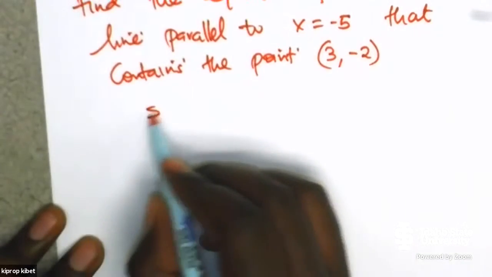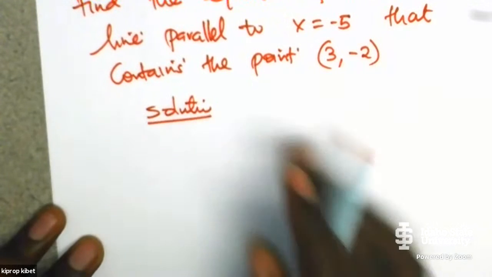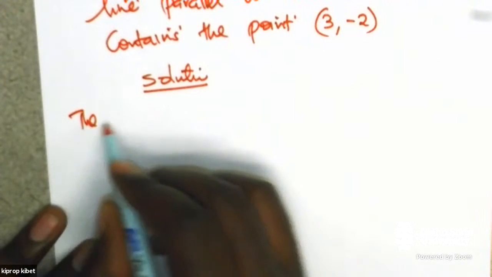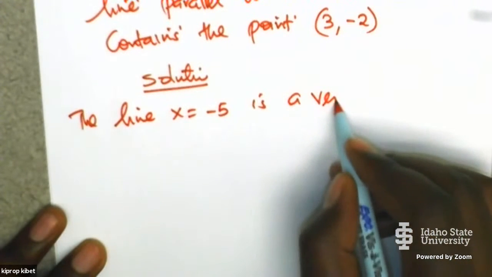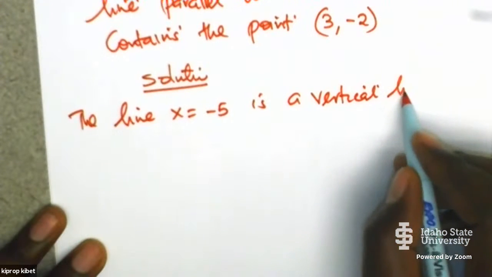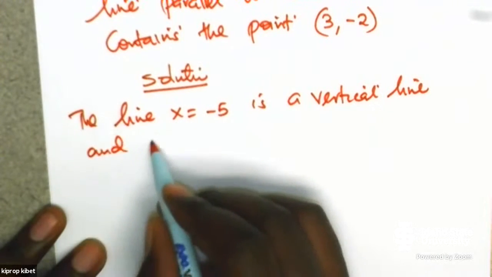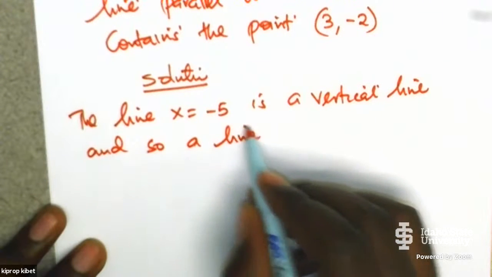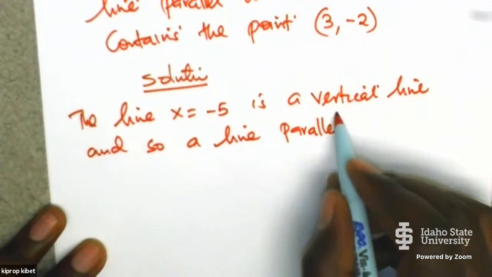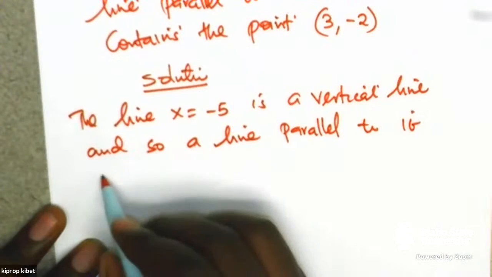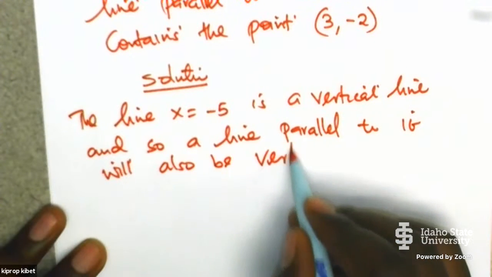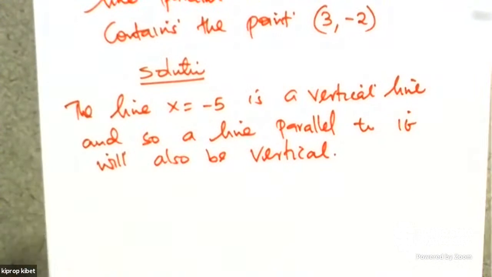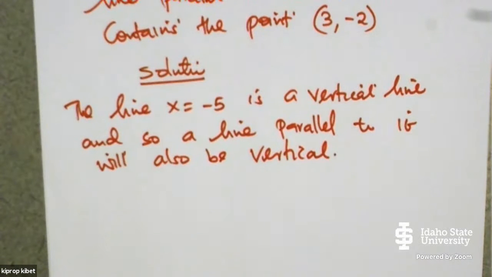So we can say, solution: the line x equals -5 is a vertical line, and so a line parallel to it will also be vertical.